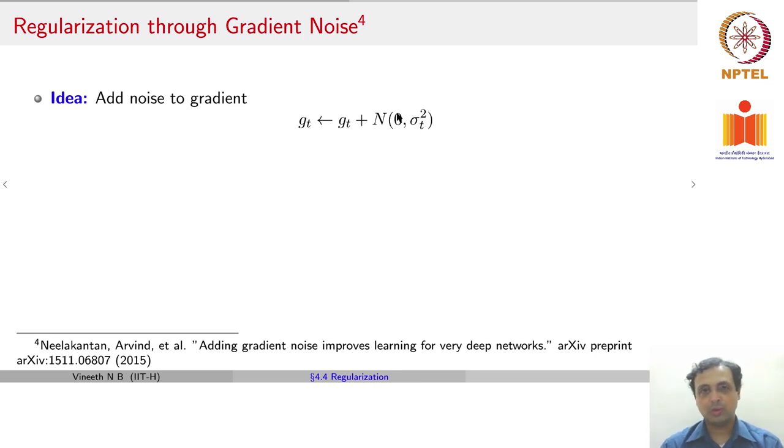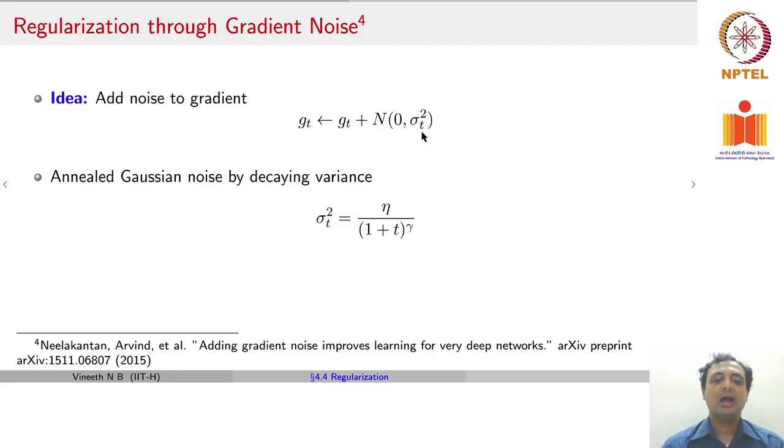Remember, you would have forward propagated, got an output, got an error, got a gradient, and then you would have ideally used that gradient to backpropagate. Before you backpropagate and update your weights, you add noise. And what noise? Gaussian noise with mean 0 and variance sigma t squared.